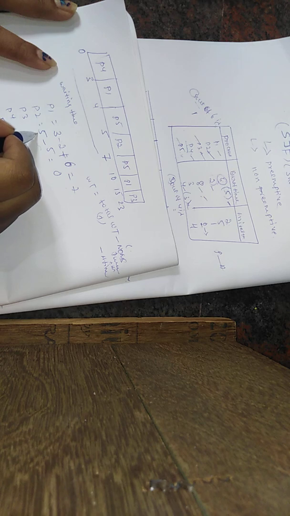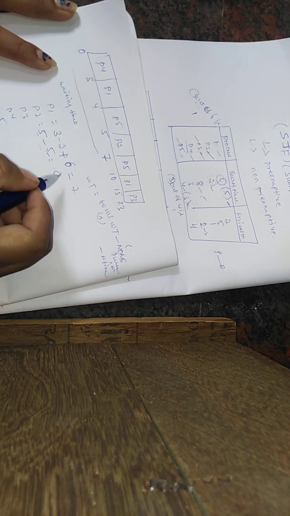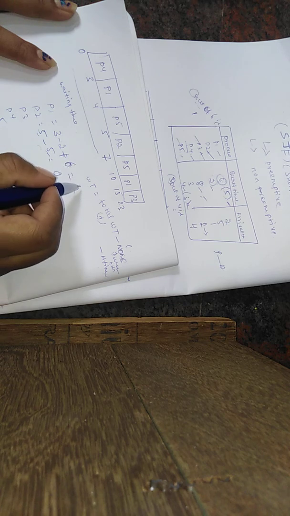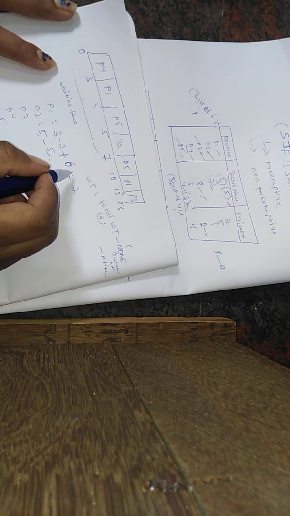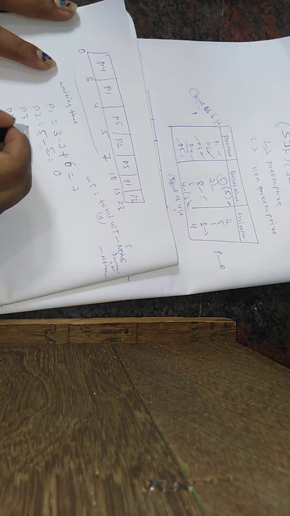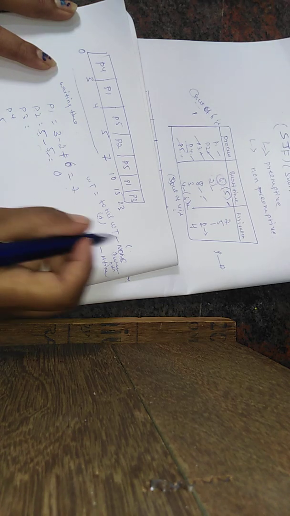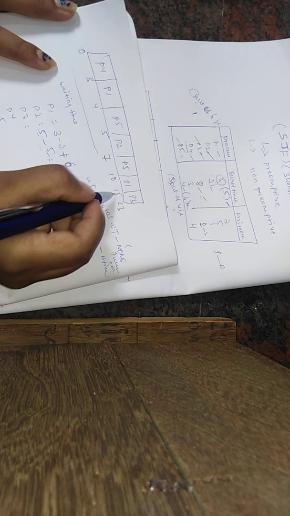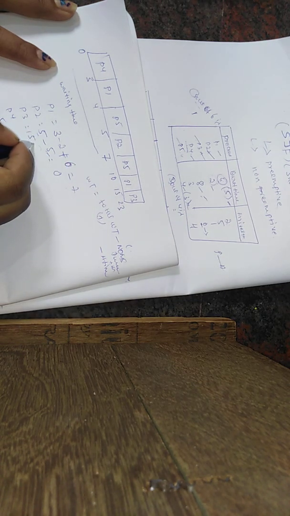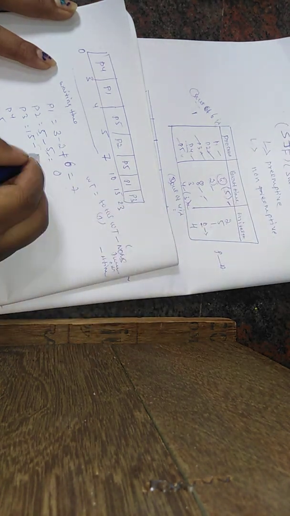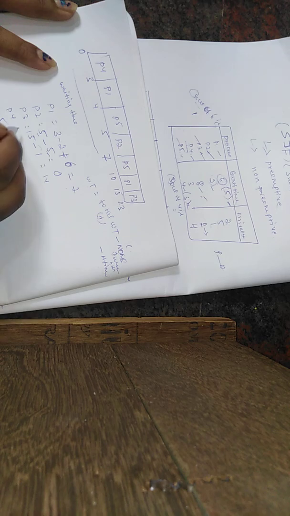Here we can use the process time minus arrival time. Then P3 value also we can take directly. So which one is the P3 value? 15 minus arrival time 1, it means 14.